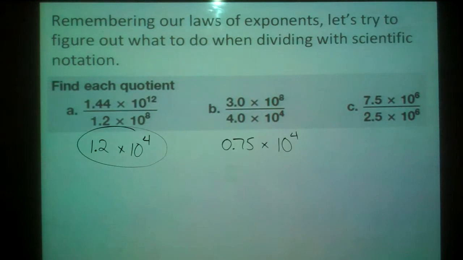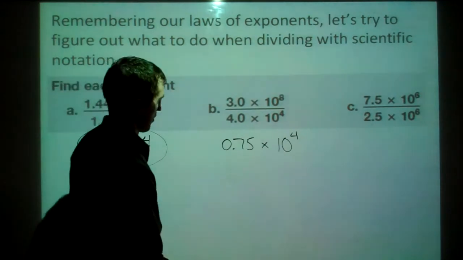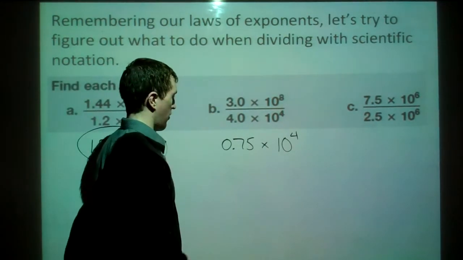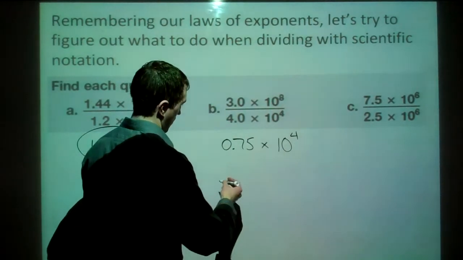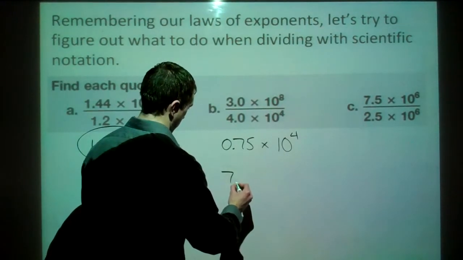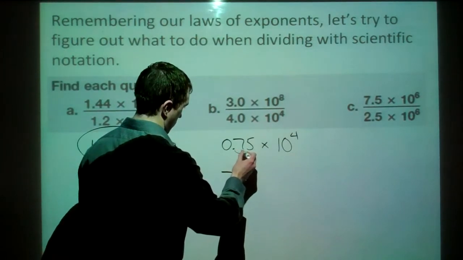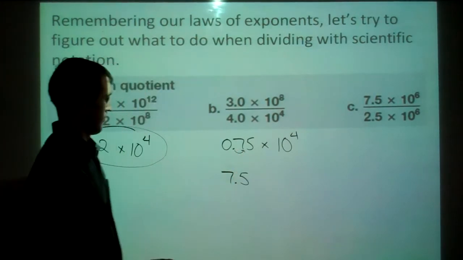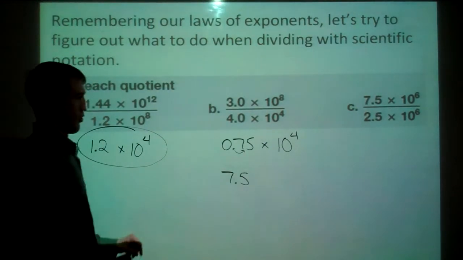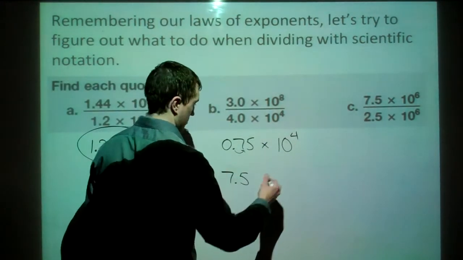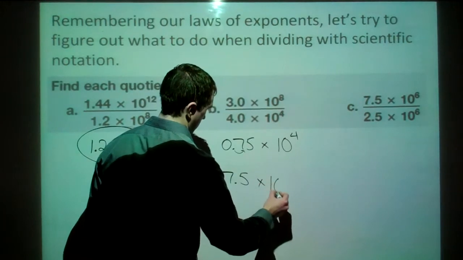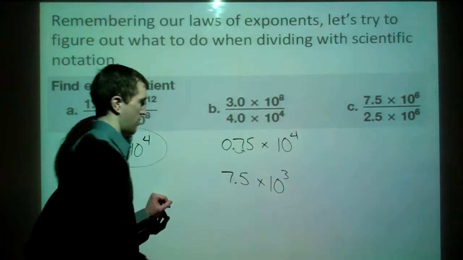So before, on the ones we were talking about, we were getting numbers bigger than 10. Now we have one that's less than 1. And we want to get this thing to be 7.5. Okay? So we want to move this over so that it's between the 7 and the 5. Before we added to the exponent, now we're going to take away from it, 10 to the 3rd.